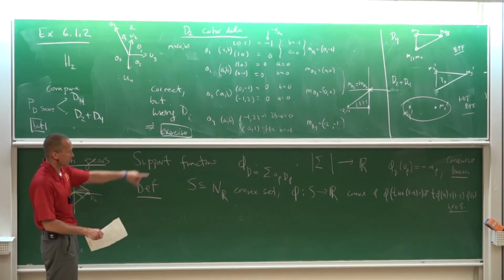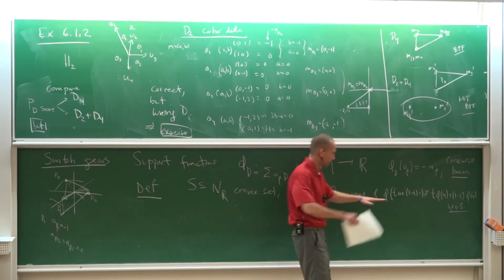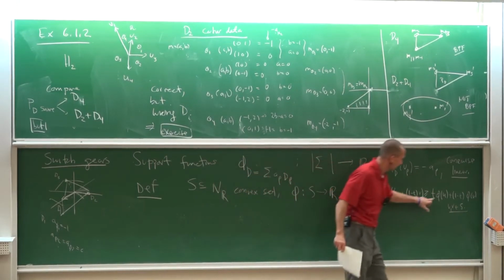I have 2 points, and this is sometimes called upper convex, so this point lies above the line.